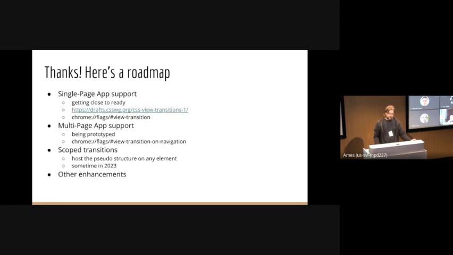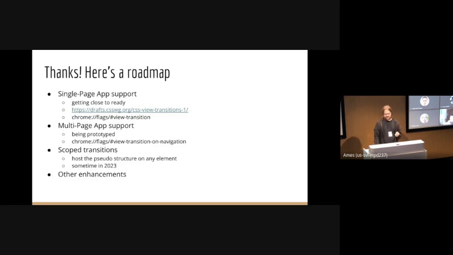For 2023, we want to work on a few things. One of them I wanted to highlight is scope transitions, because right now there can only be one transition on the page, and it essentially acquires a lock on the whole page for the purposes of this transition. So you can't create two transitions at the same time.